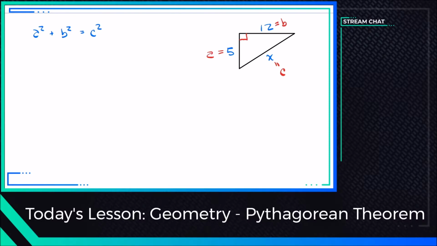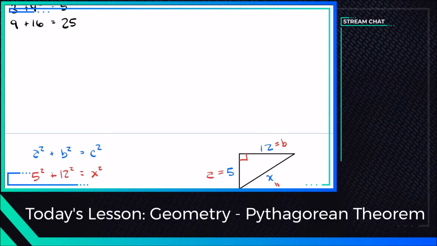We could just fill those numbers in and then solve for x algebraically. All right, so a is going to become 5, and then we're going to square that number. B is going to become 12. We will square that number, and then c is going to become x, and that's what we're going to solve for, but don't forget to square x.